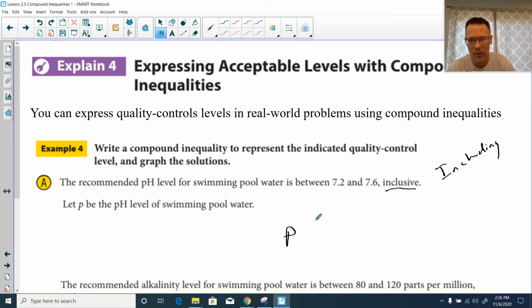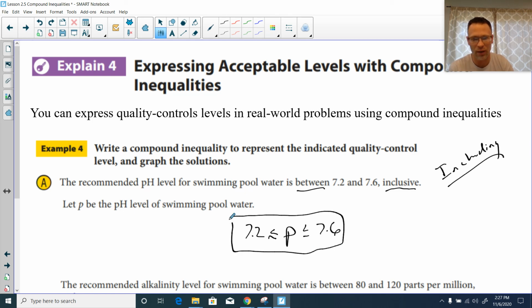So what is the highest one? Highest one is 7.6. What is the lowest one? 7.2. So that value has to be between here. So it has to be less than or equal to, because it's including 7.6. But it also has to be greater than, so from the variable's perspective, this says P is greater than or equal to 7.2. And that would be my final answer for that, okay?